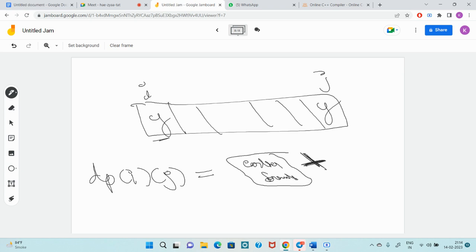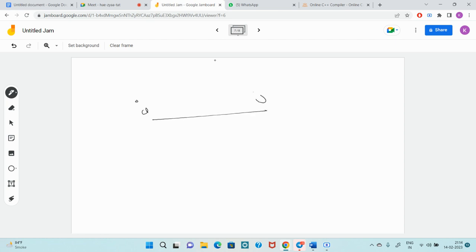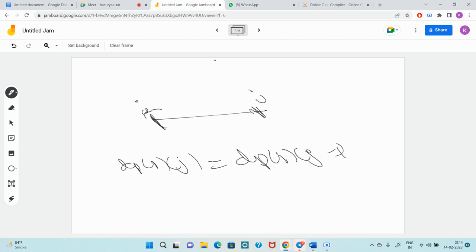Now because these both are same, all the subsequences, earlier you were only counting the subsequences. Your answer was dp[i][j-1], means you are counting the subsequences starting at i and ending at j minus 1 only, or starting at i plus 1 ending at j.